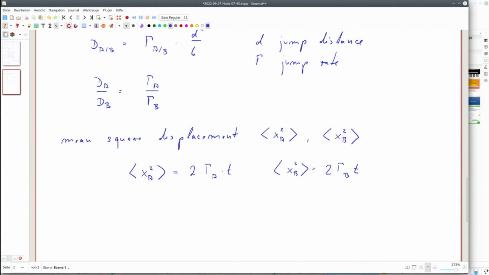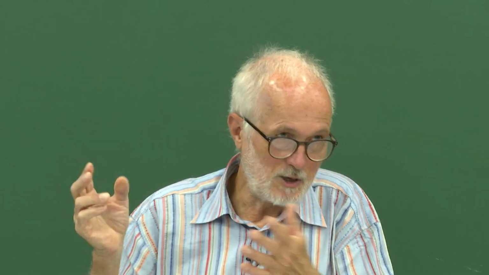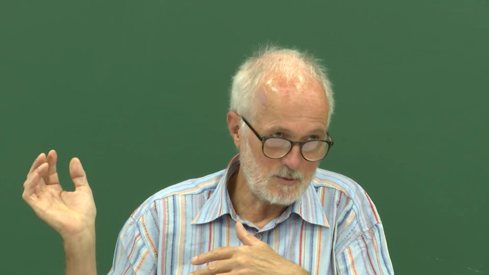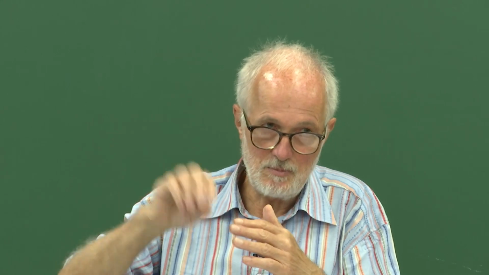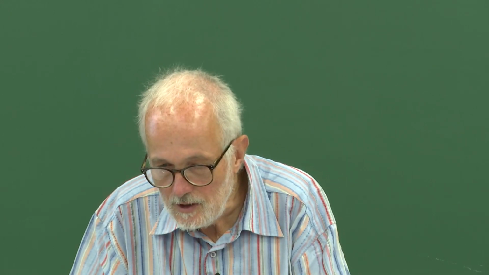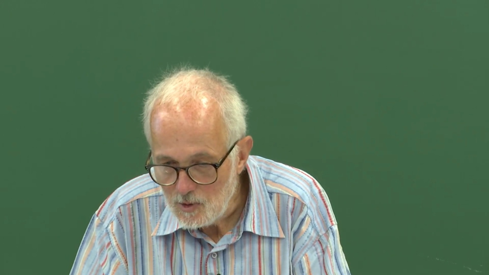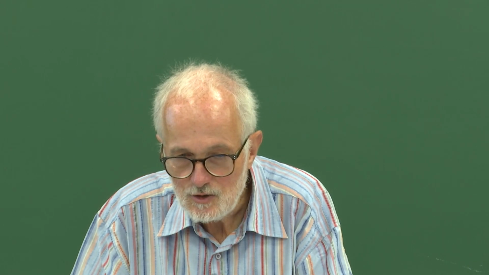So if you track, and you can do it for all the A atoms and for all the B atoms in your system, you track the position, and for each jump you add a little bit to the mean square displacement. And then you get, in most cases, nice straight lines.